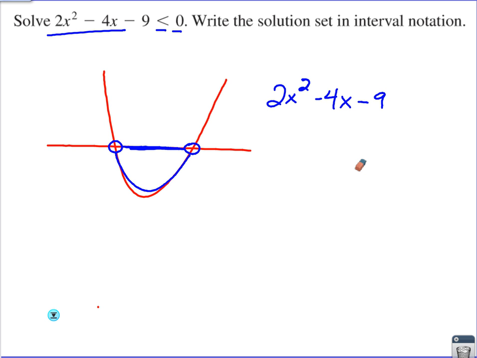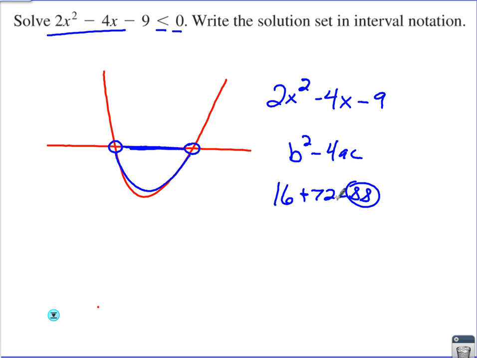You're going to have to use the quadratic formula. Always start with b squared minus 4ac to see if it's even feasible, see if it's even necessary to do the quadratic formula. You get a negative here, you can stop. There's not going to be any intersection points. B squared minus 4 times 2 times negative 9, I believe is negative 72, which is 88.